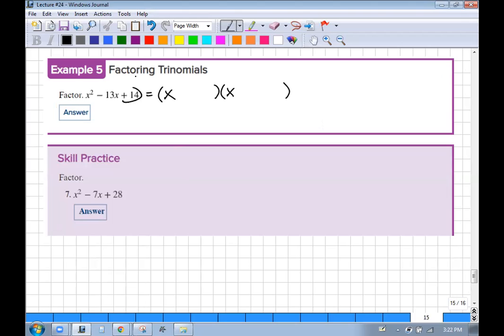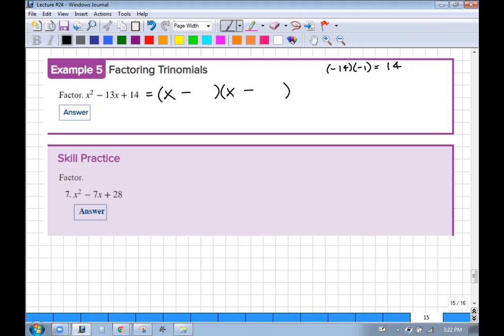We need a positive here, but this needs to be negative. So we need a negative and a negative. And we could try, right? If we did negative 14 times negative 1, that would give us positive 14, right? But they add to give us negative 15, right?